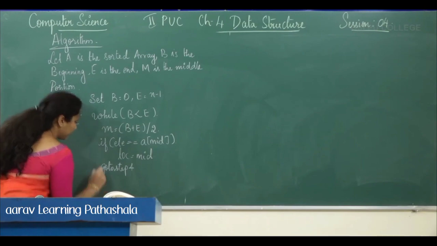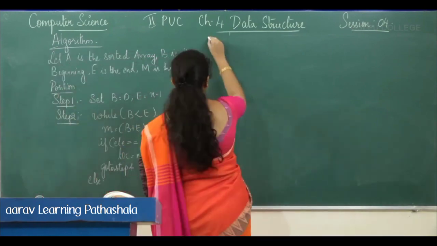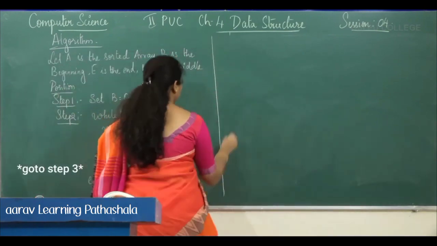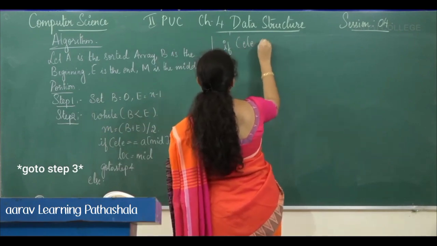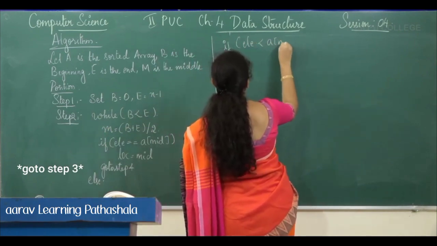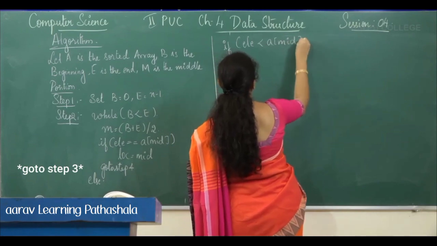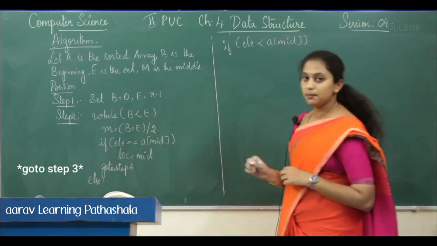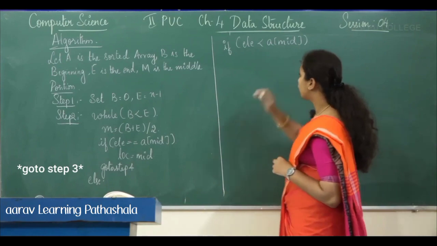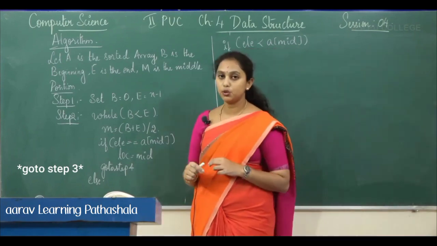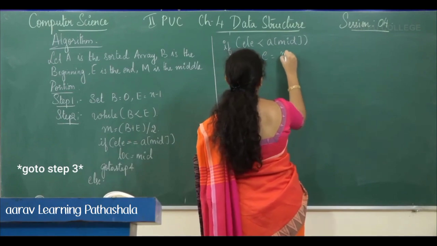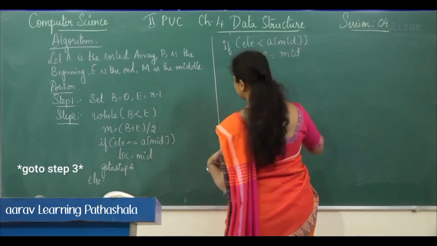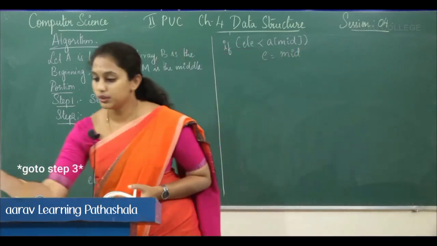Else if element is less than A of mid, what we have to do? End is equal to mid minus 1.